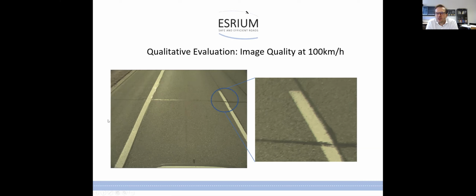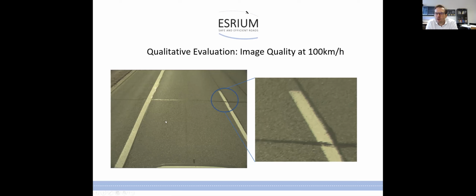Here you can see a result from those 12 megapixel cameras we have put on there. Those are modified in several aspects, so they are also sensitive in the near infrared range of the spectrum, so that we increase sensitivity there. What one can see, the detail is sufficiently high to resolve issues like cracks or repaired cracks on the road surface.